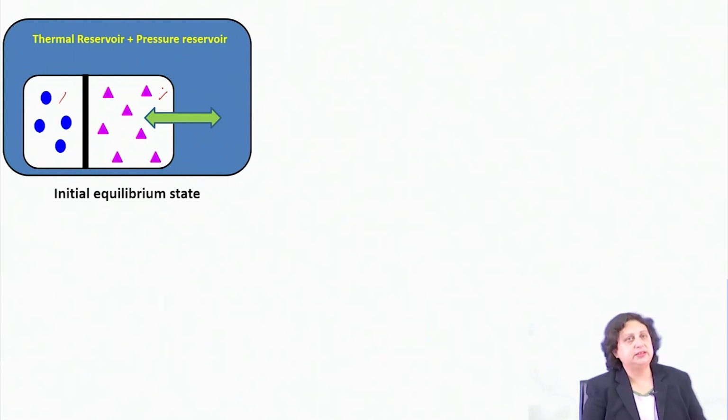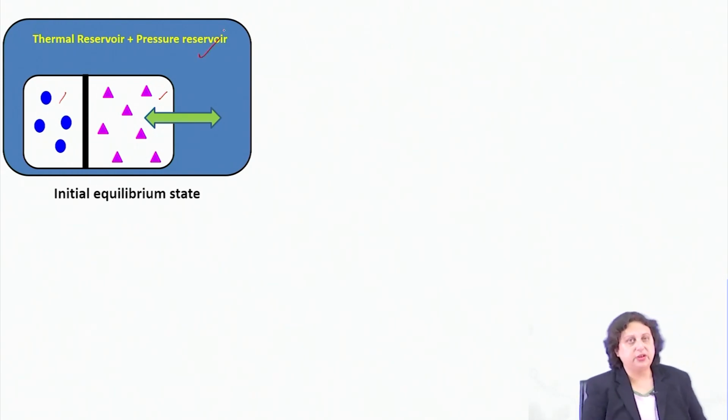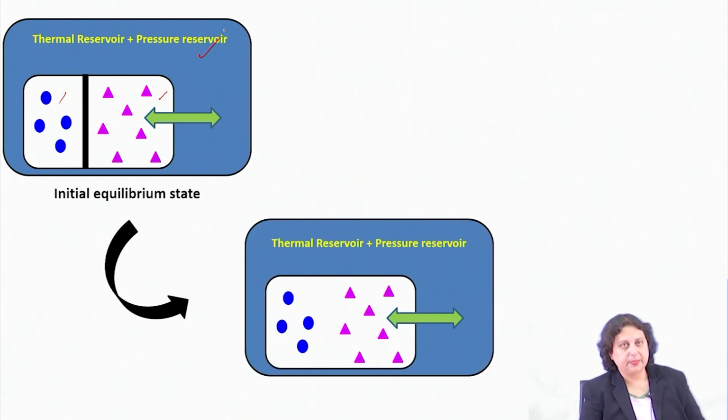This reaction vessel, I have put it in equilibrium with a thermal and pressure reservoir. So each of the compartments in my reaction vessel are capable of exchanging thermal energy and volume with the reservoir, but they are being maintained at constant temperature and pressure.